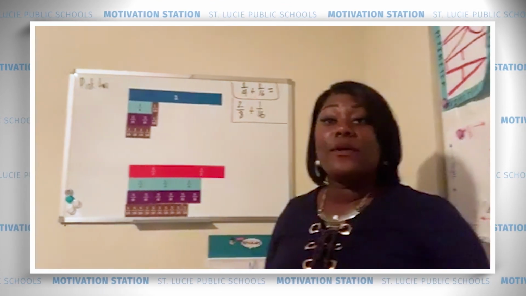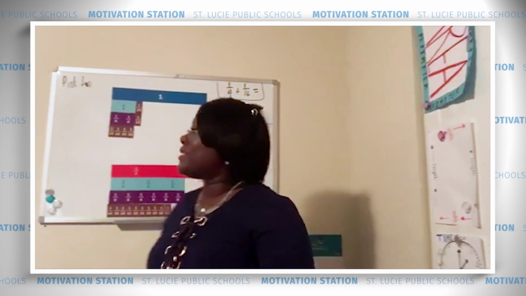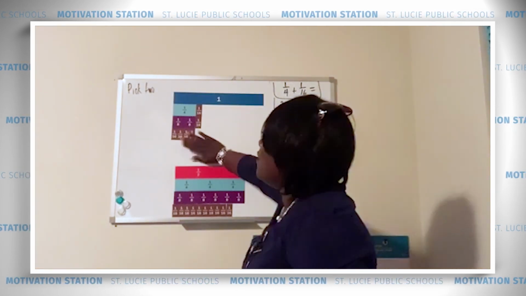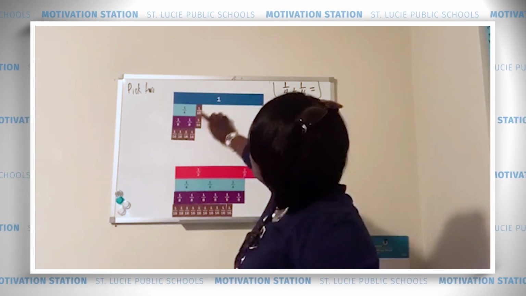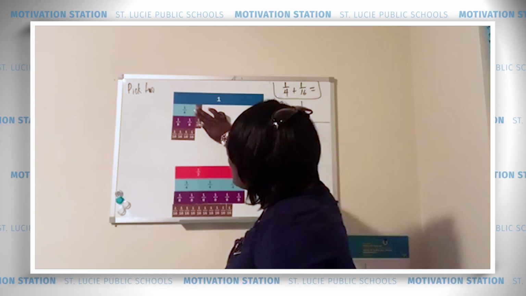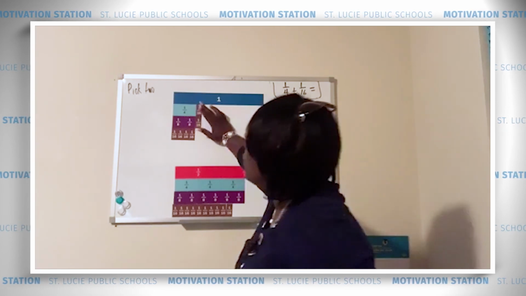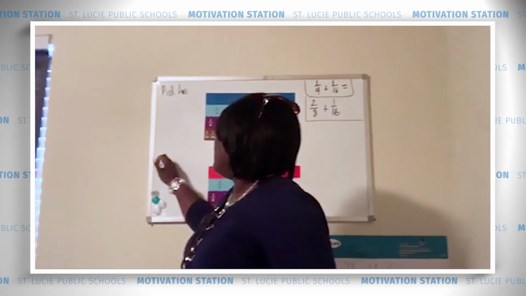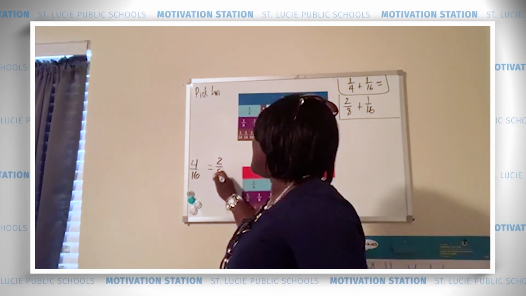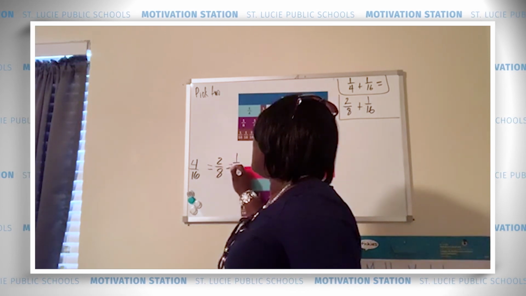Now I know that I'm going to be able to add one more 16th, but just take a look at these 4/16ths. The 4/16 cover the same amount of space as the 2/8, and they cover the same amount of space as the 1/4. So I'm just going to make a note to myself that 4/16 is equivalent to 2/8, and it's equivalent to 1/4.